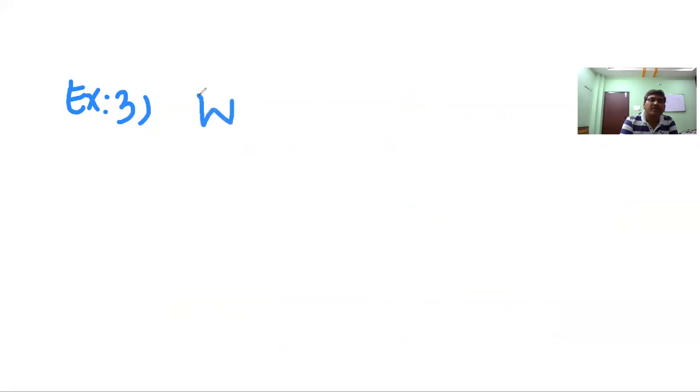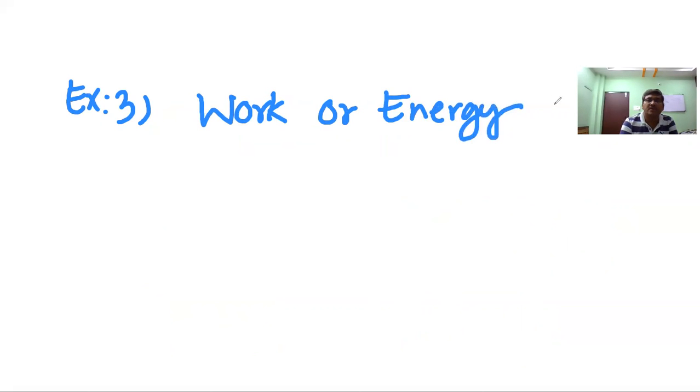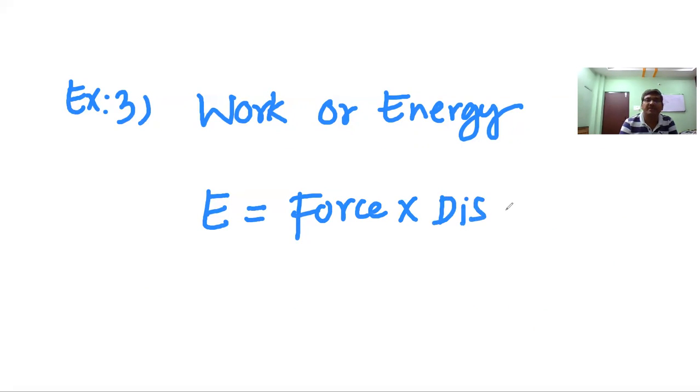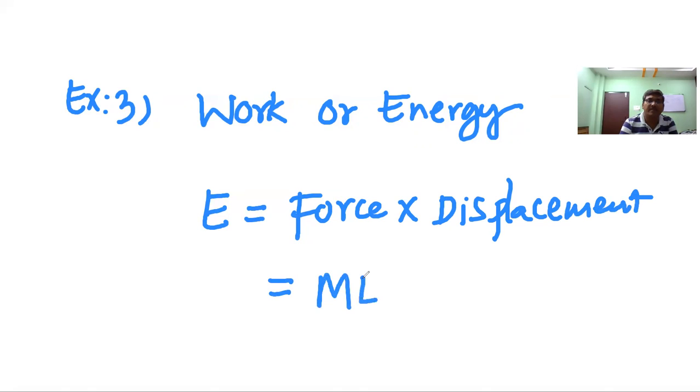Here I deal with the work or energy. Let us say energy is E. What is energy defined as? Force multiplied with displacement. What is the dimension formula of the force?